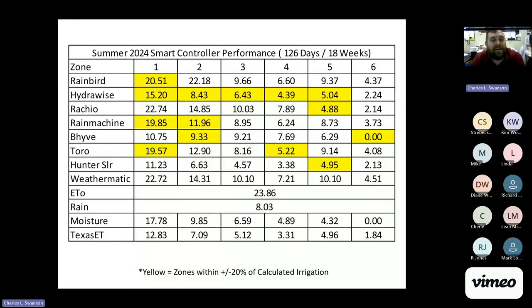Well, now they only got 1 station. Now the HydroWise has 5 out of 6. Rain Machine had 2. Beehive had 2. Toro had 2. Rainbird and Solar Sync only had 1 station within 20%. So we see a shift here that as the seasons changed, the pattern did not continue.